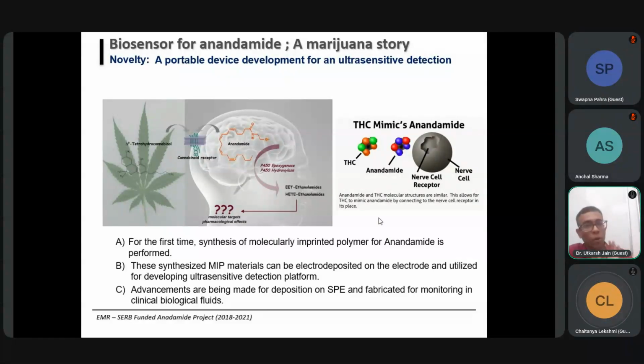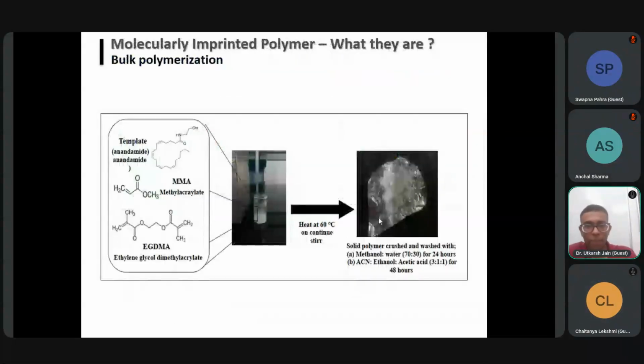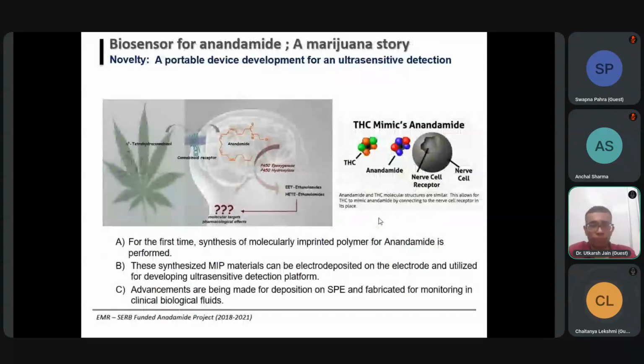Although it's a neurotransmitter, this molecule is also present in chocolate. When somebody is eating chocolate, they feel very happy because it enhances the anandamide concentration in the body, and that makes you happy. So we also developed a device for anandamide detection.